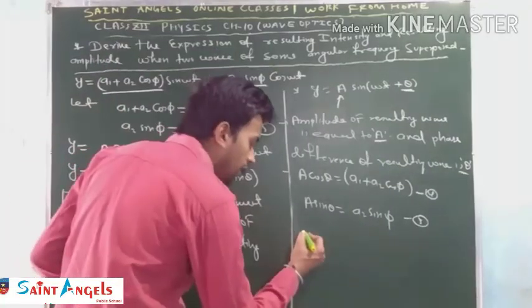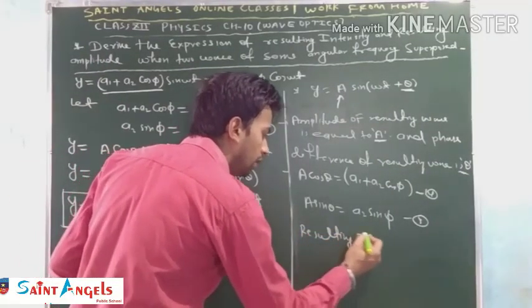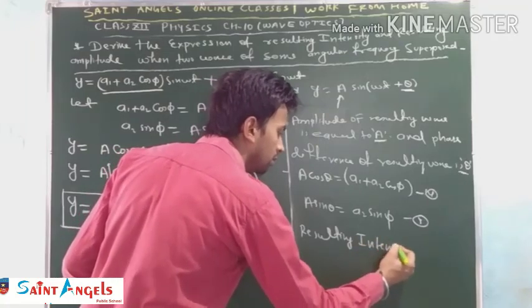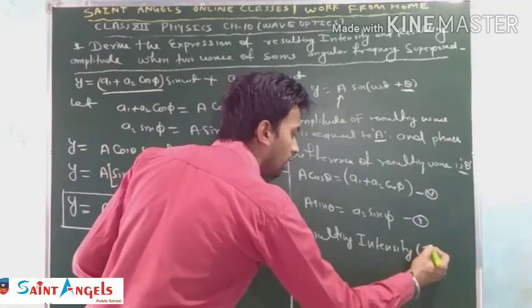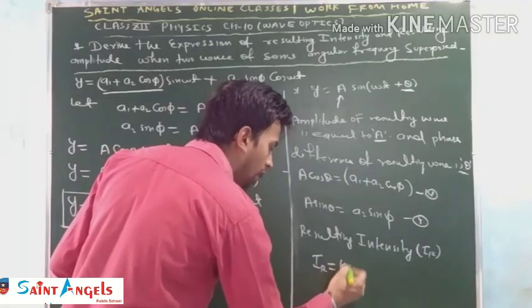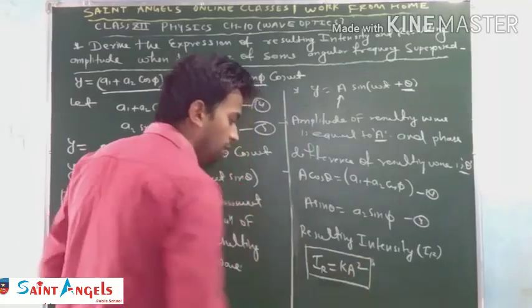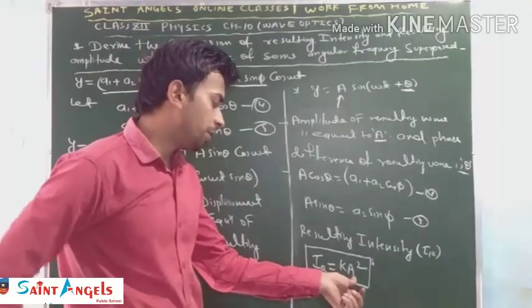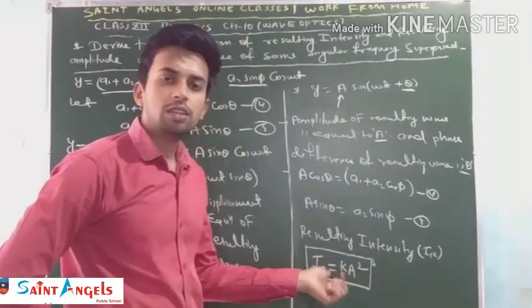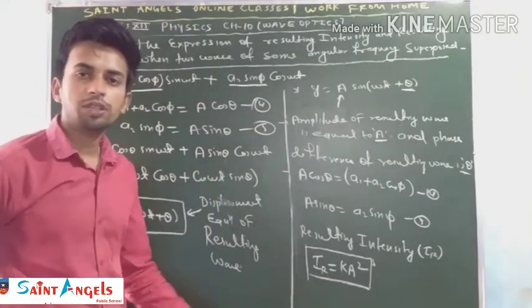Student, resulting intensity I R is equal to k a square. It means if we calculate the resulting amplitude, then we can easily calculate the resulting intensity. So please pause the video and note it in your notebook.